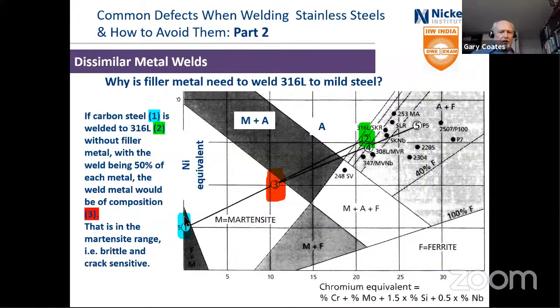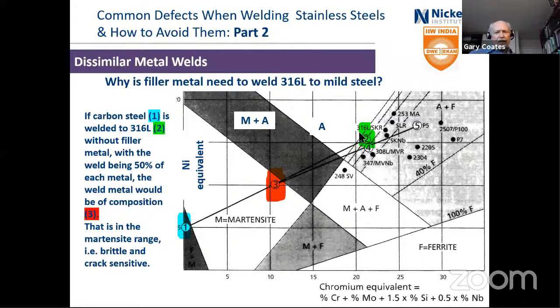So generally, you do have some nickel equivalent there. You have very low chromium equivalent. There's usually no chrome or molybdenum there in the standard mild steels. You do have some silicon, so you have a little something there. So this blue area here represents where the base metal lies on this diagram.